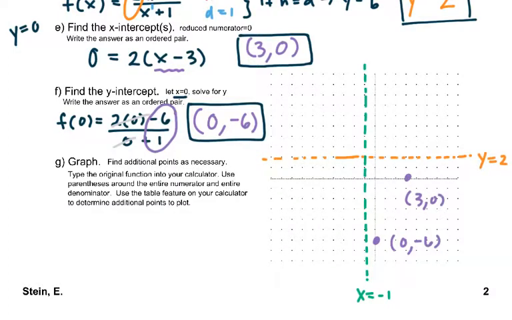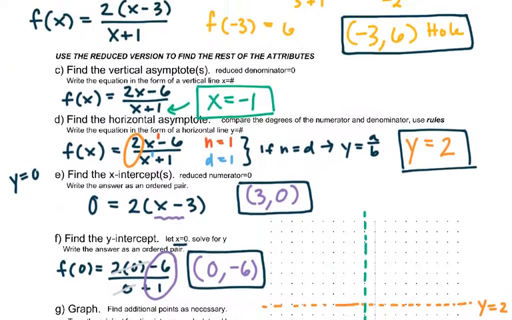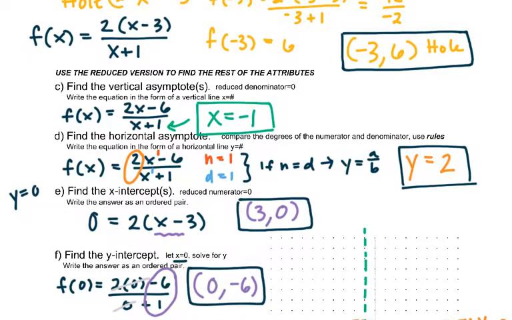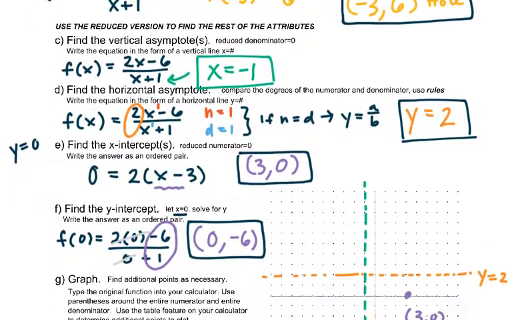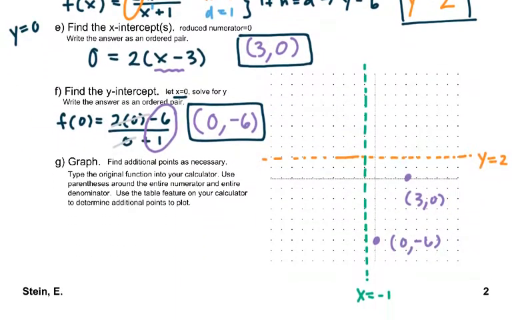And then we also mentioned that we have a hole. The hole occurs at (negative 3, positive 6). So negative 3, positive 6 is right there.